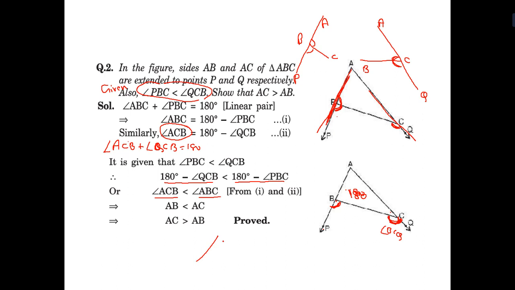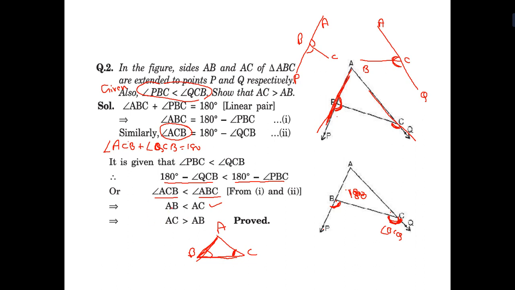Now in the triangle, A, B and C are there. Angle ACB is greater than angle ABC. So angle C's opposite side is AB. So AB is greater than AC.